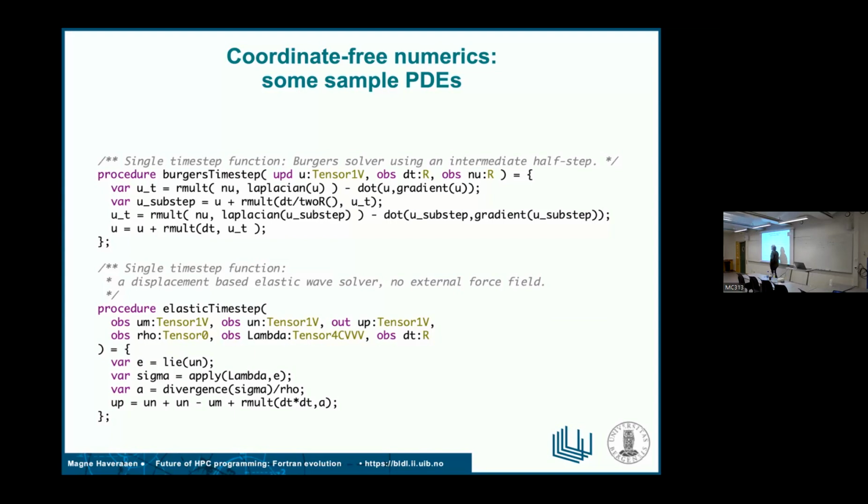Here's an elastic solver, a time step of the elastic solver. So these are the wave of the previous time step, the wave of two time steps ago. This is the output for the next time step. And these are the constants describing the medium where the computational waves are moving.